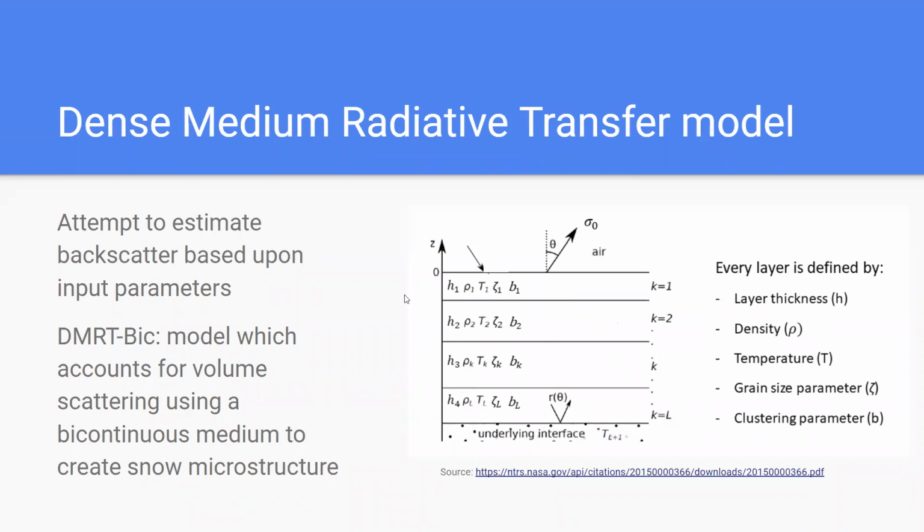The model we used was DMRT-BIC, where BIC stands for bicontinuous. It accounts for volume scattering using a bicontinuous medium to create the snow microstructure.